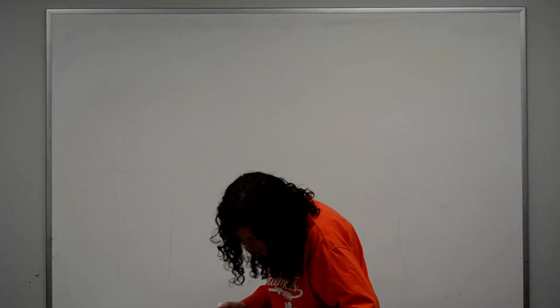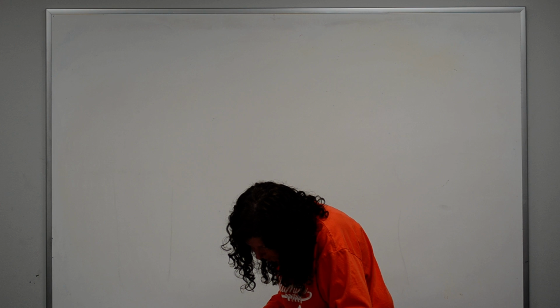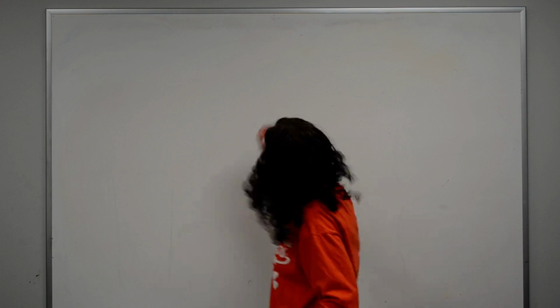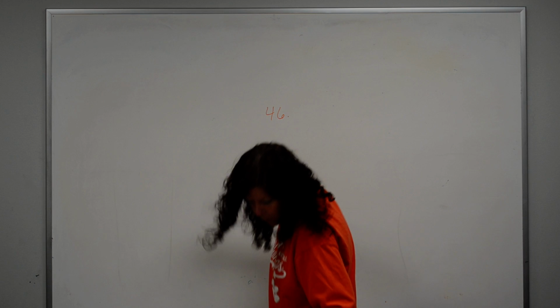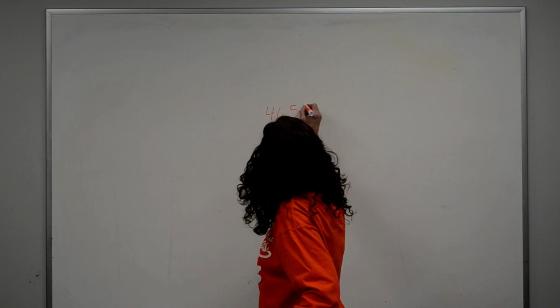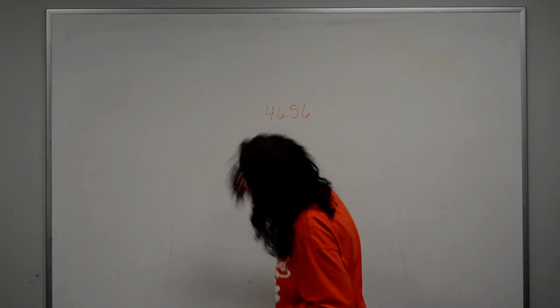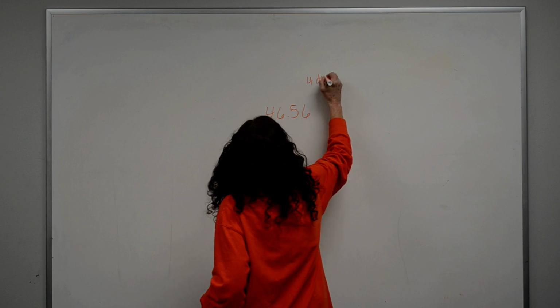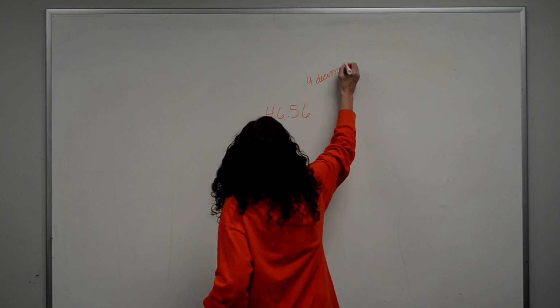So like if I told you, find the logarithm of 46.56 rounded to 4 decimals. So go ahead and pick up your calculator and give me a value for that.